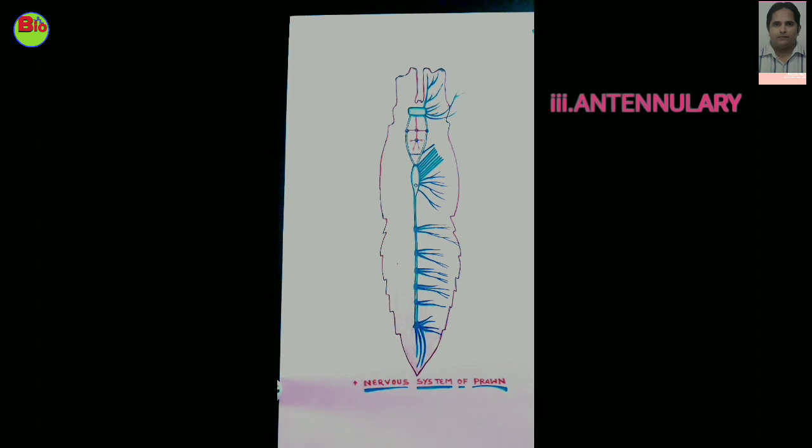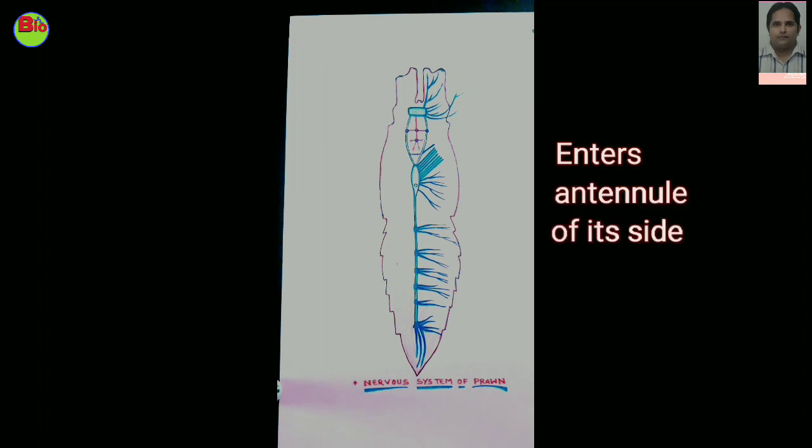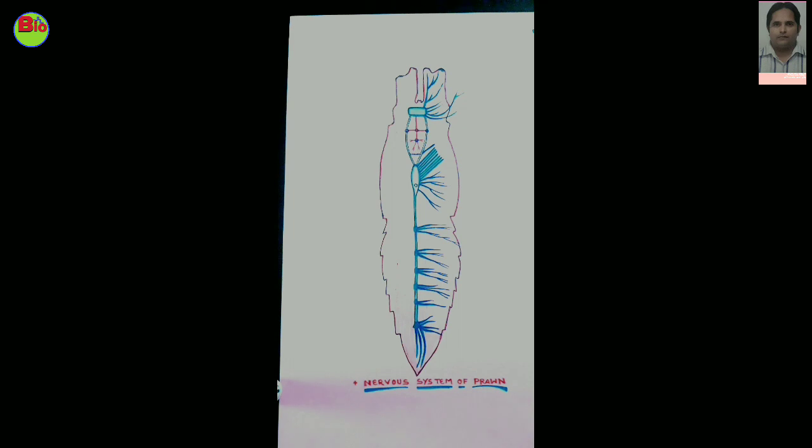Each nerve enters the antennule of its side and divides into two branches, outer and inner, where the outer branch innervates the muscles of the antennular stalk and also sends a branch to the statocyst, which is an organ of balance and orientation, while the inner branch innervates the three flagella by three separate branches.